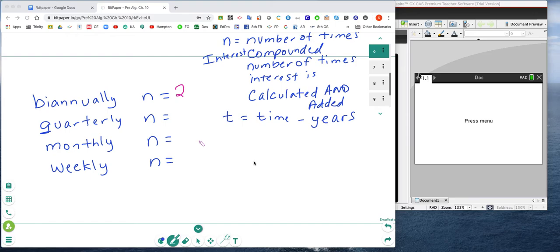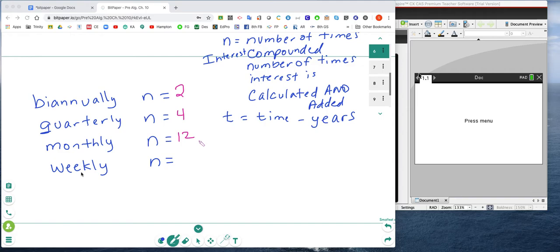If interest is compounded quarterly, then that means interest is calculated and added 4 times a year. If your interest is compounded monthly, that means your interest is calculated 12 times and added to your account balance 12 times in a year.